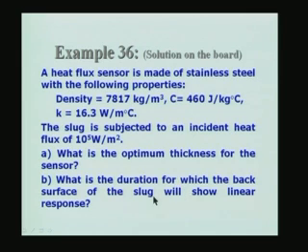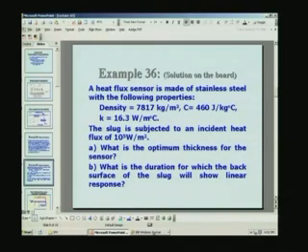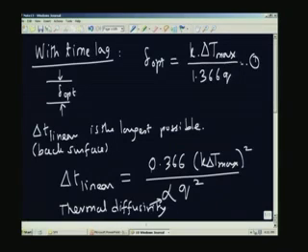This is just plugging the values into the formulas which I gave a little while earlier. So, we just use these two formulas. So, let us look at example number 36.